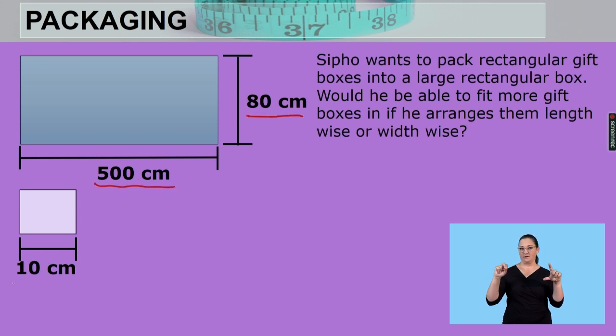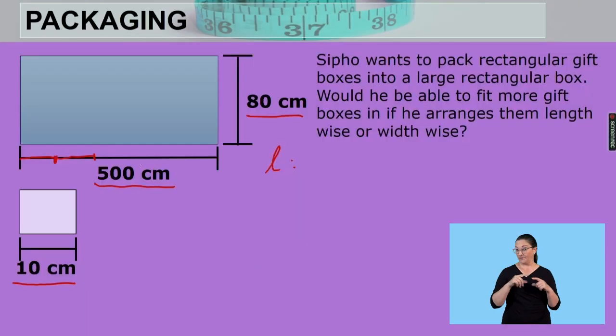The little box he has a length of 10. So what do we know? For the length, we know that the length of 10 here is going to fit across here. So let's say that's one part of 10. Then we go to the next part of 10, it takes up that spot. And so on and so forth until all 500 centimeters is covered.